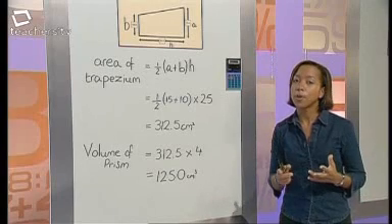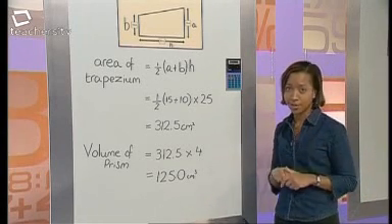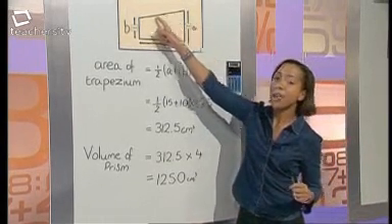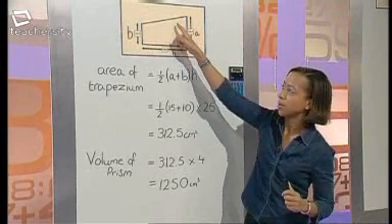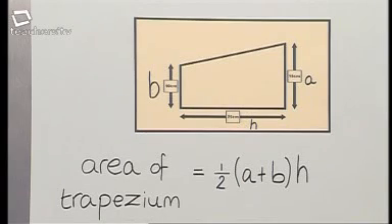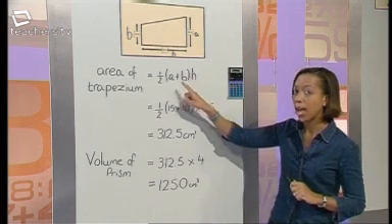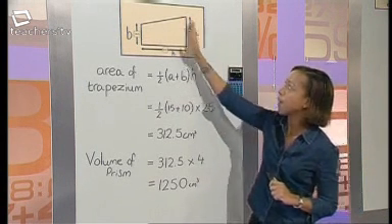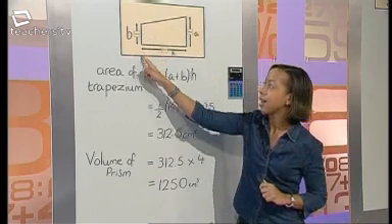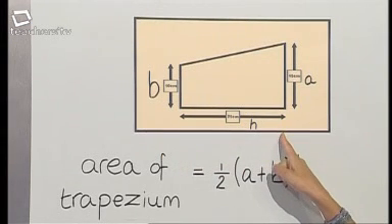To calculate the volume of the prism, I first started by calculating the area of this cross-sectional shape, which is called a trapezium. The formula for the area of a trapezium is a half, a plus b, multiplied by h, where a and b are the parallel sides and h is the distance between them.